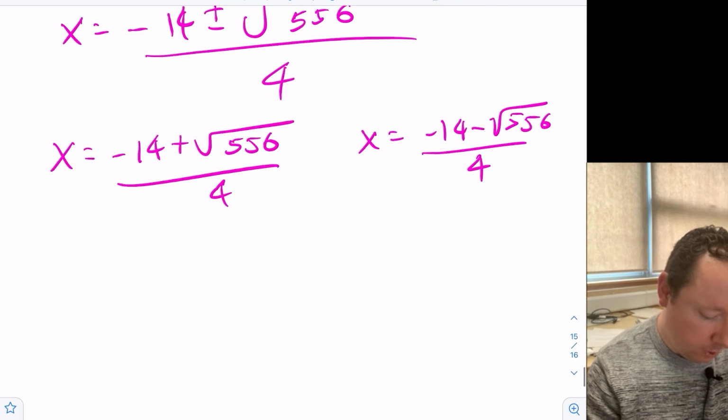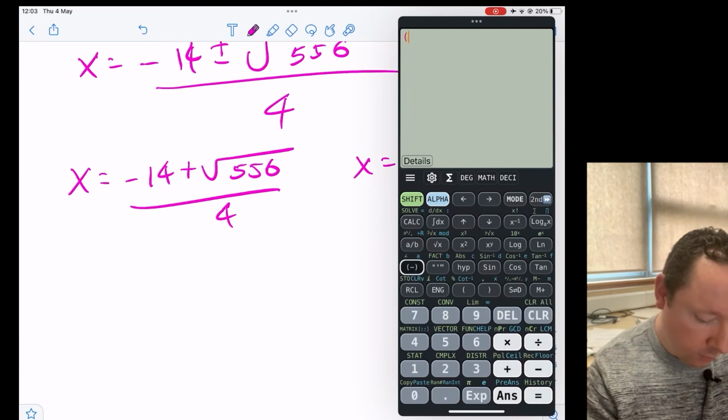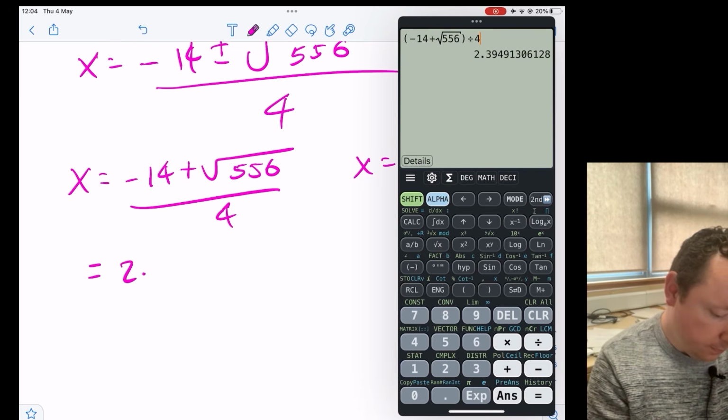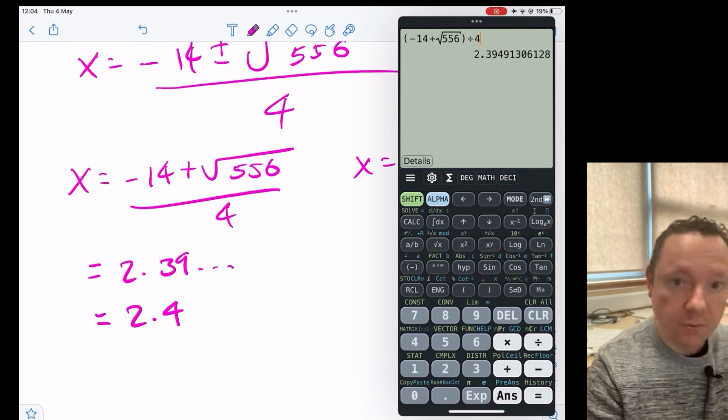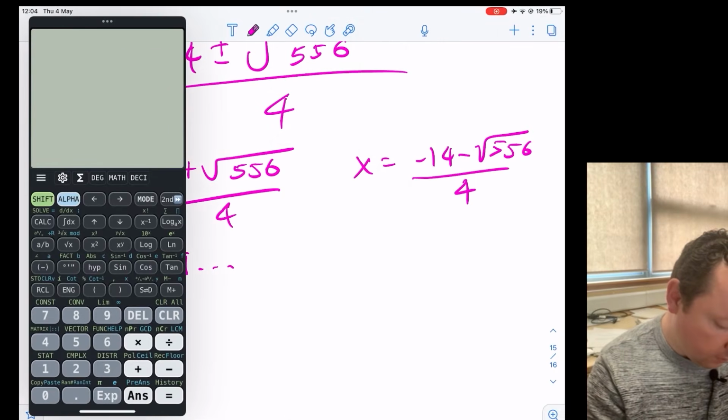So using our calculator, for the first one, bracket minus 14 plus the square root of 556, all divided by 4, is 2.39, but to 1 decimal place, 2.4. And then for the other one, we've got minus 14 minus root 556 divided by 4.